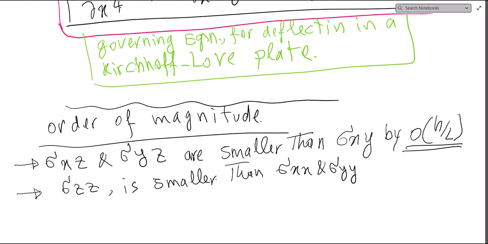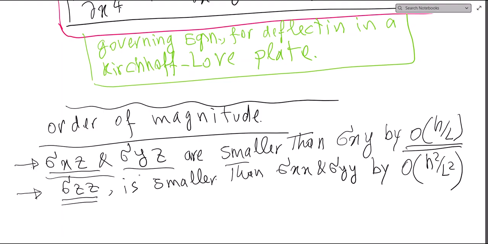Sometimes I write the repeated indices once, sometimes twice, but it is actually even better, of order h squared over l squared. So if h over l is small, h squared over l squared is much smaller. So this will be justified for the treatment that we have.